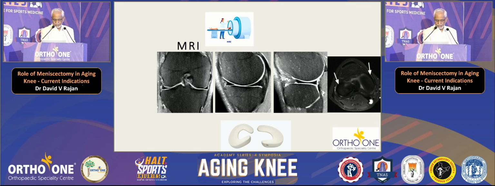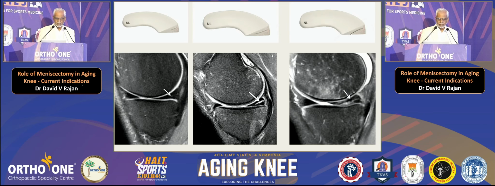This is the kind of MRI picture patients very often come with, and the report says it's a tear of the middle meniscus, and you can see much of the articular cartilage is good. These patients I just reassure and don't operate on.